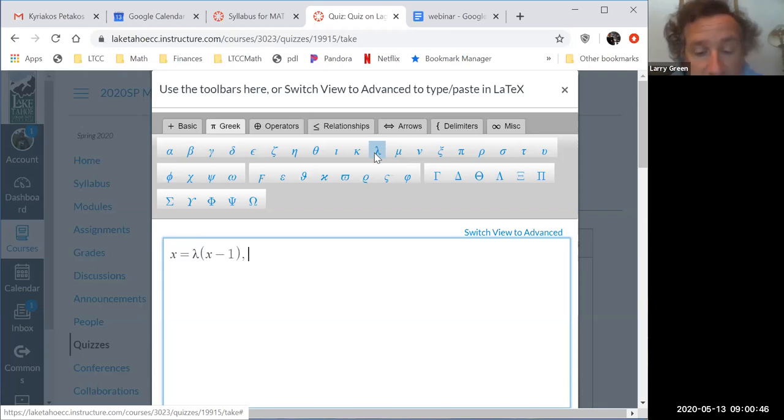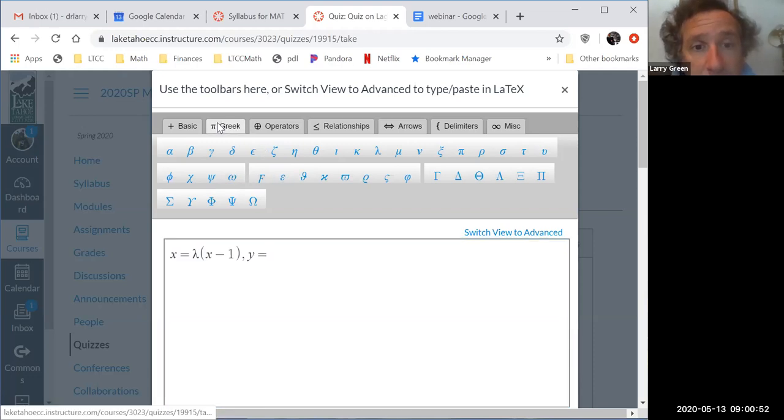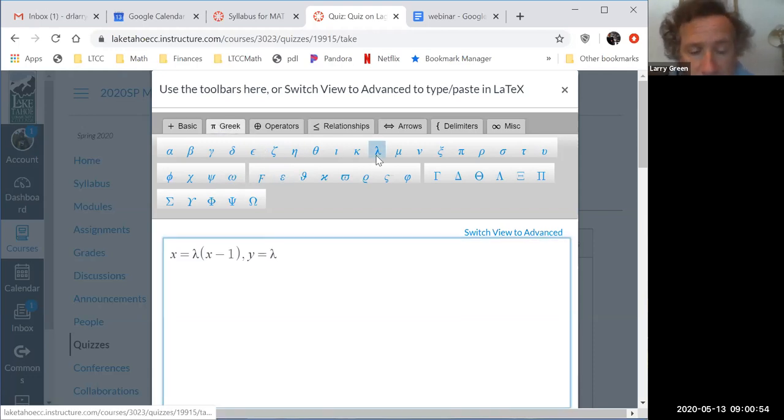And we also know that y is equal to lambda times 4y.